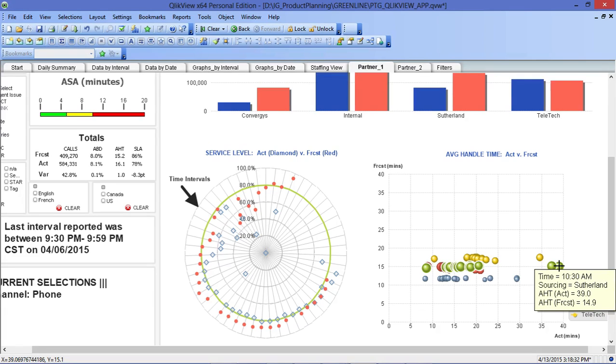The red dots represent what's forecasted as far as a service level goes across all the vendors, and then the diamonds represent where they actually came in. So this particular interval that we're looking at there was a very large gap between 50% SLA and 80% SLA. So again, this is a really quick way.